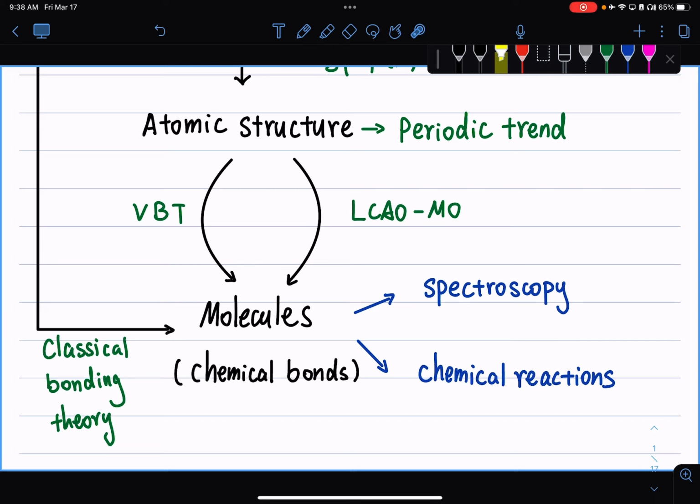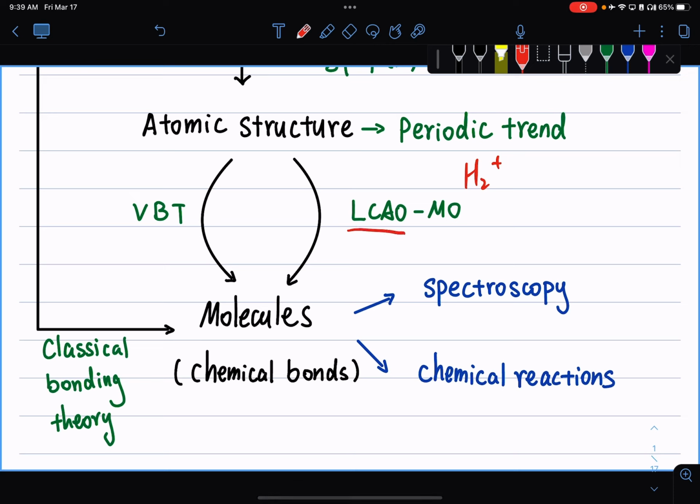Alternatively, we have the LCAO-MO. So what does it mean? Several terms here. MO, that's molecular orbital. So like atomic orbital, molecular orbitals are exact solutions of the Schrodinger equation if you solve for a molecule like H2 plus with only one electron. But we can't solve that Schrodinger equation for every molecule we are working on.